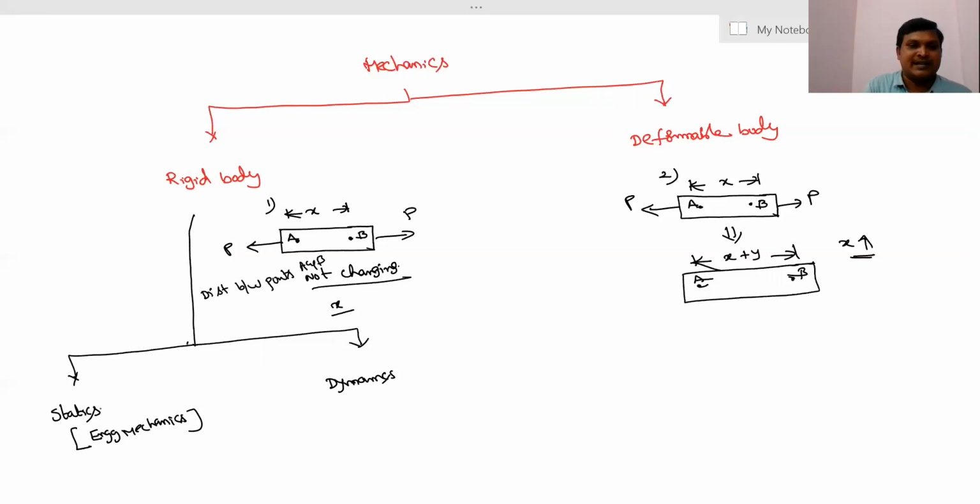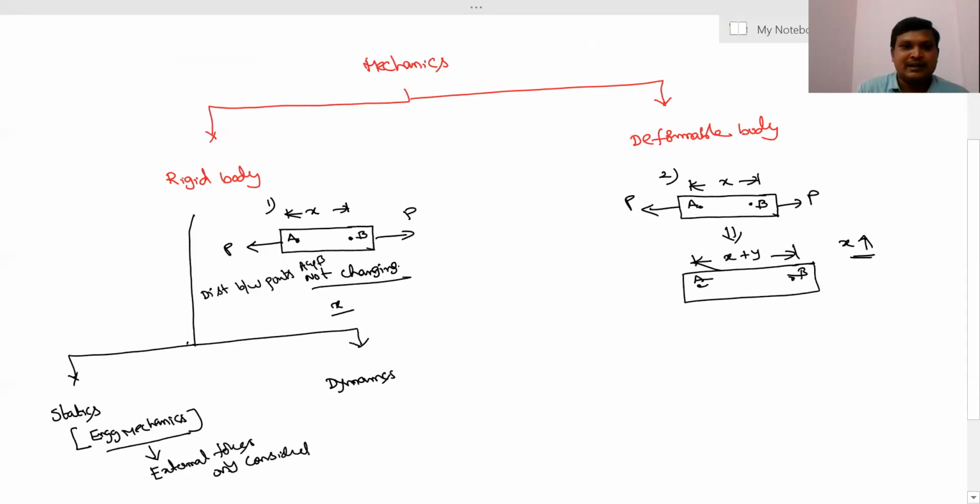That is called statics. The examples that we discuss, we study in engineering mechanics. In engineering mechanics, only external forces are considered.